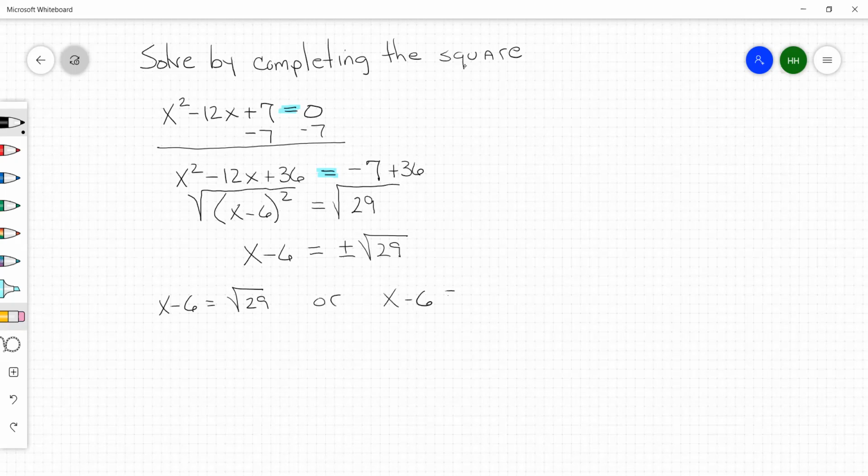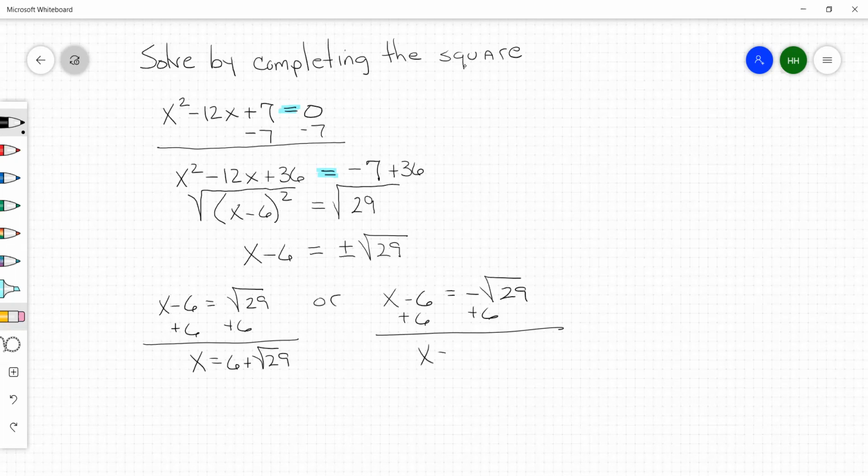X minus 6 equals negative square root of 29. And if you were to solve both of these, you would add 6 to each side. So x would equal 6 plus square root of 29. And x would equal 6 minus the square root of 29.